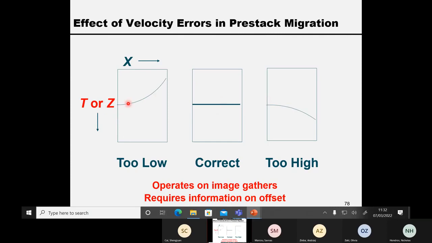If the image gather appears like this, you should increase velocity. If the image gather looks like this, you should decrease velocity, and then iteratively you finally get a good velocity and flat gathers. This gather here is not called a CMP gather; it's called a common image gather, CIG, common image gather.